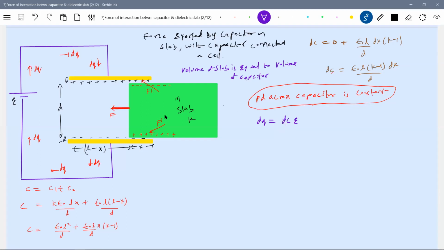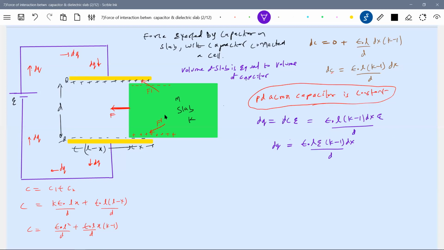That is the meaning of that. So this will become epsilon naught L (K minus 1) dx E by d. We will have this equation. Very, very, very important.